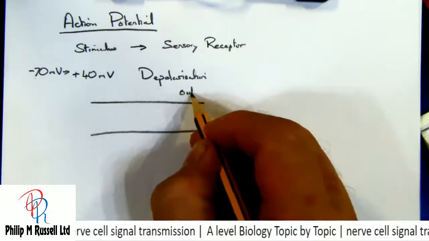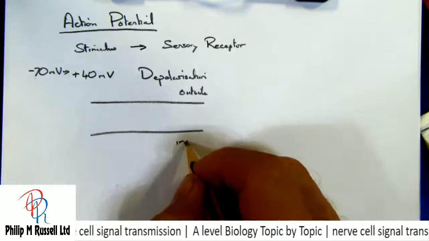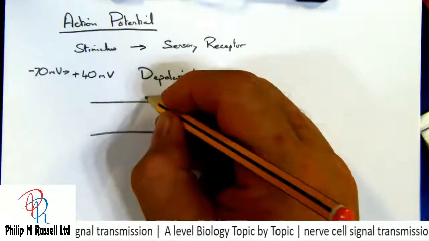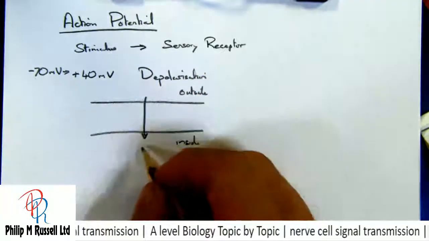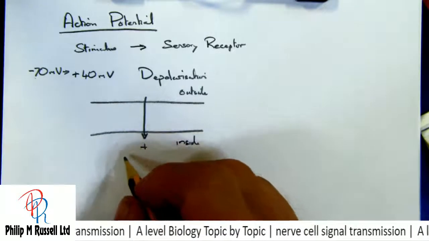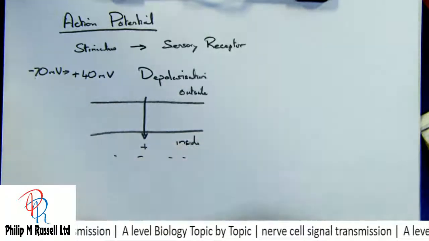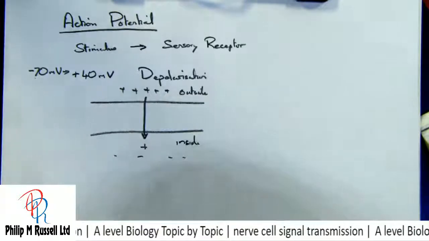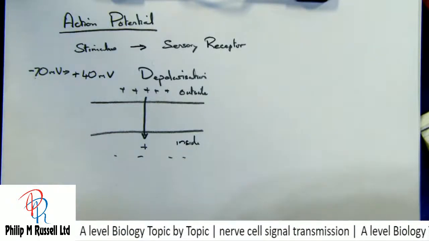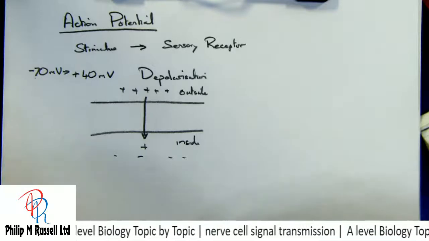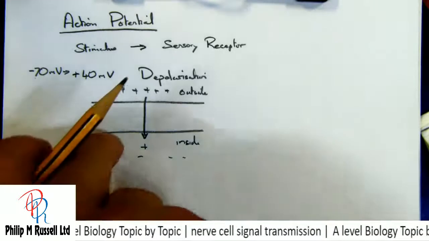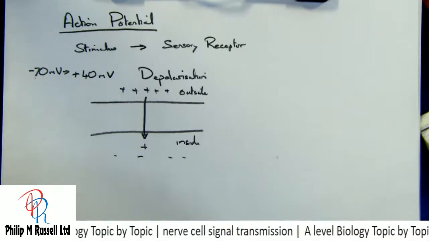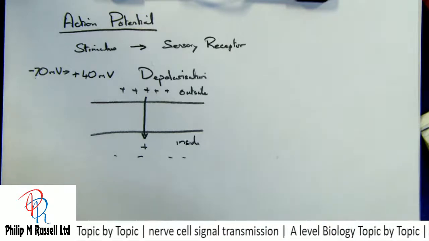So we've got our outside, we've got our inside, and what we're seeing here is some sort of massive influx of positive against the negatives. As the impulse passes, the membrane tries to reset itself, and the neuron will return to its resting potential.